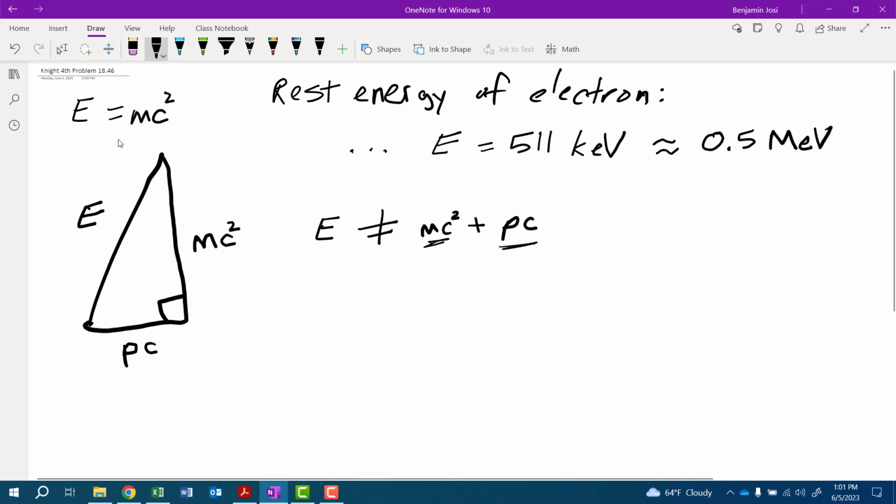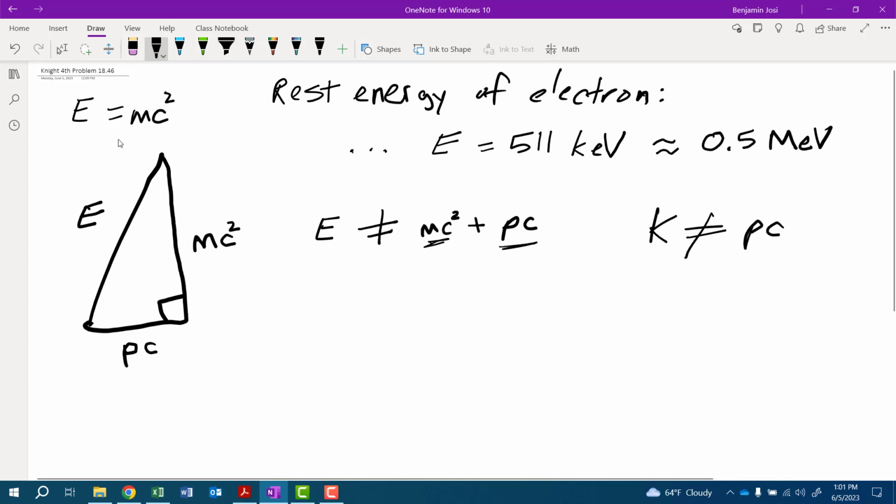If the equal sign was legit, then the logical conclusion would be that the total energy is rest energy plus kinetic energy. But this is not the kinetic energy because this is not the actual equation. So I'm going to emphasize that capital K is not just pc.